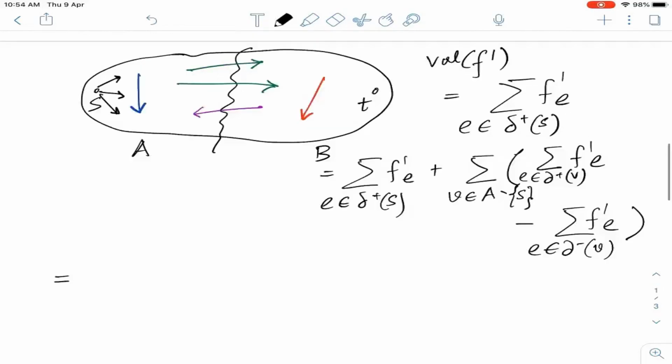So let's think about this. First let's take the easy thing. Let's take a red edge. This red edge has some flow on it, right? Does this flow affect this summation at all?